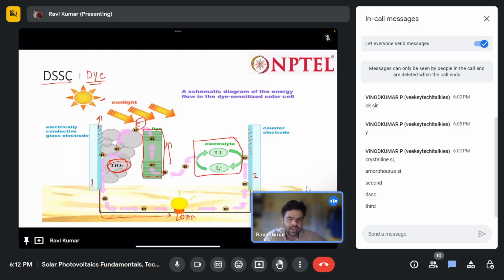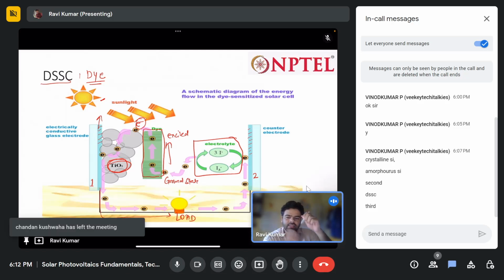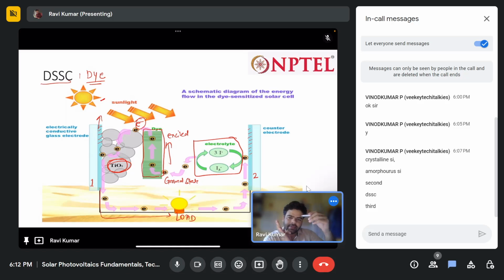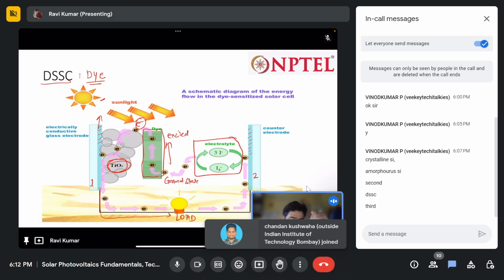But on the other hand, what will happen? This dye is now at the excited state. It has an excited state and a ground state. Sunlight strikes the surface of the dye and it is excited. Due to this excitation, generation of electrons takes place. But now our dye is at the excited state.